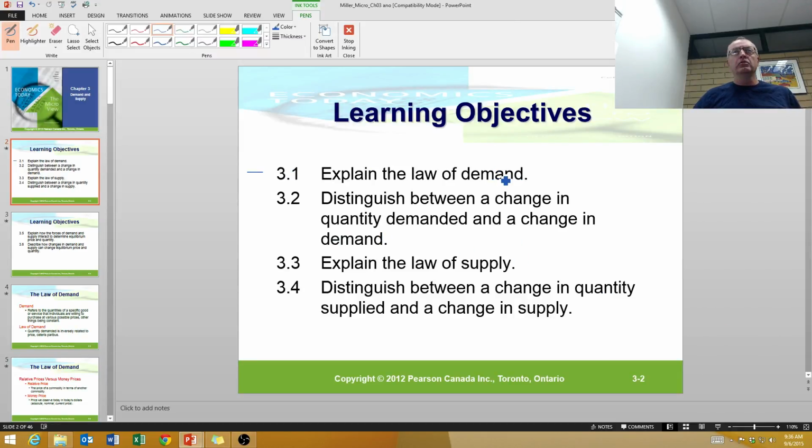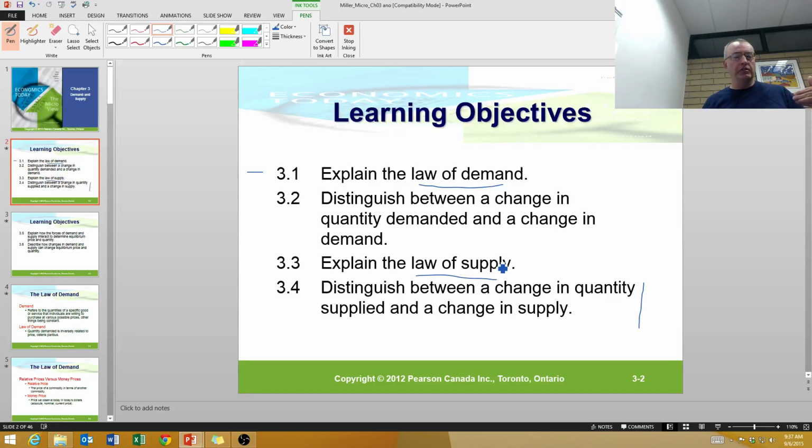Okay, so in chapter 3 we look at the so-called law of demand, and then we draw a distinction between a so-called change in quantity demanded versus a change in demand, and then we draw a similar kind of distinction when we come to supply curves. We look at the so-called law of supply, and we draw this distinction between a change in quantity supplied and a change in supply.